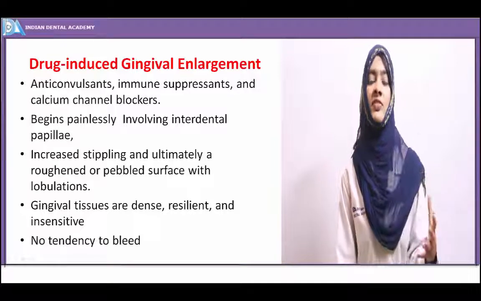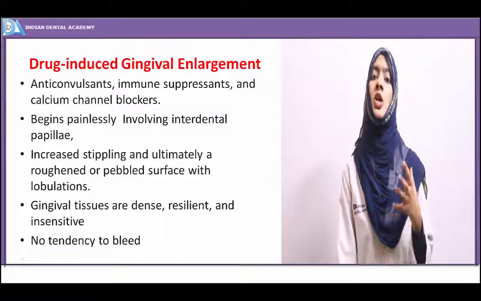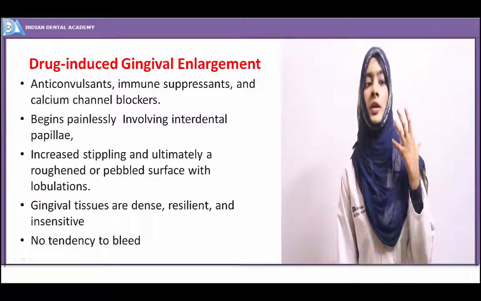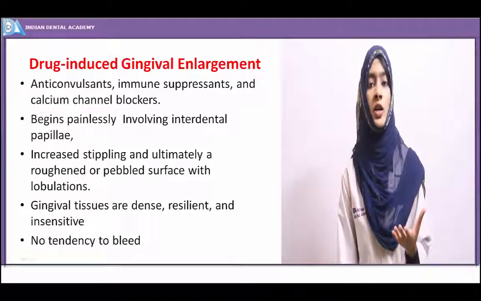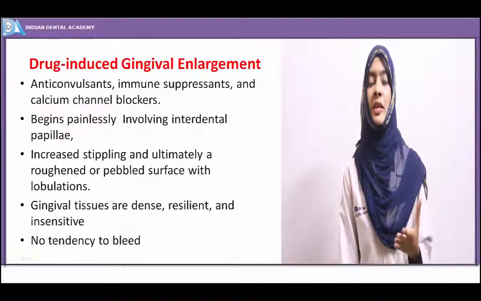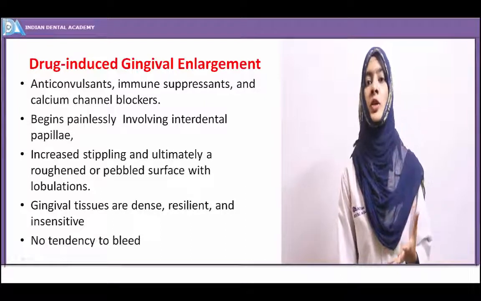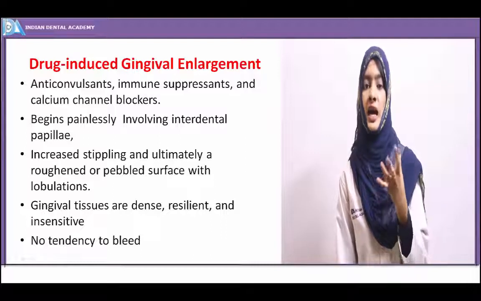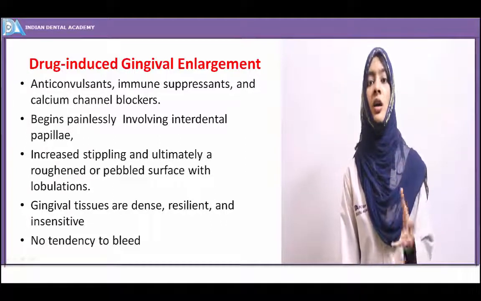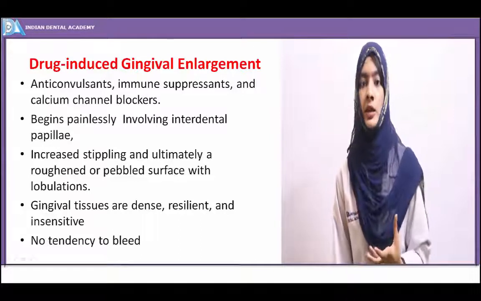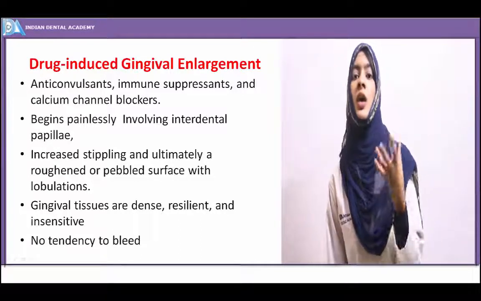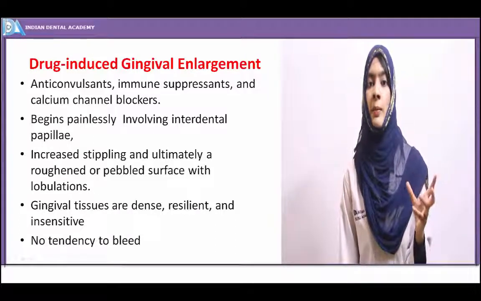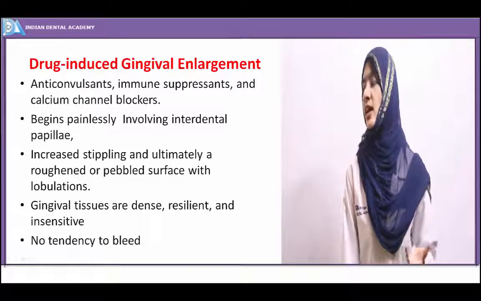Invariably, these drugs manifest a side effect of gingival enlargement. In the case of anticonvulsants like diphenylhydantoin, calcium channel blockers like nifedipine, and immunosuppressants like cyclosporins, there is an underlying proliferation of fibroblasts occurring because of some mutation when these drugs are taken systemically. The proliferation of fibroblasts leads to fibrosis of the gingivae. The fibroblasts increase in number, causing fibrosis of gingiva and extreme enlargement.